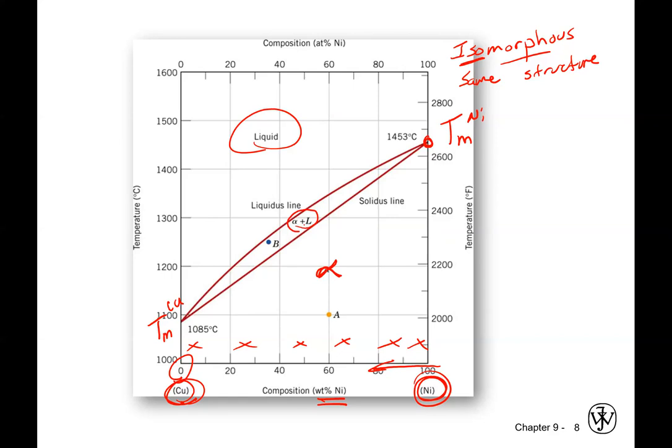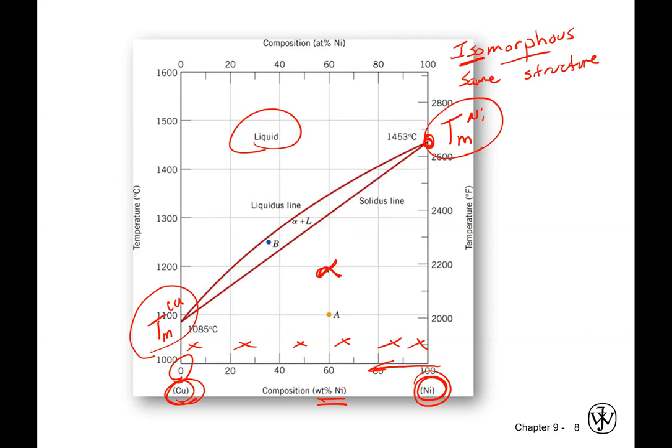All right, so what that means is that when you start making alloys, you no longer have a melting point, right? The melting point's defined for the pure elements. I'm either above or below that one temperature value, and I either have a liquid or a solid.